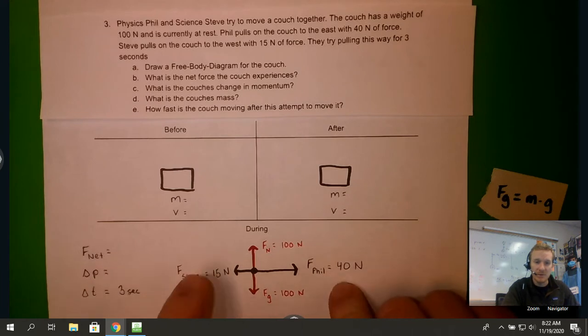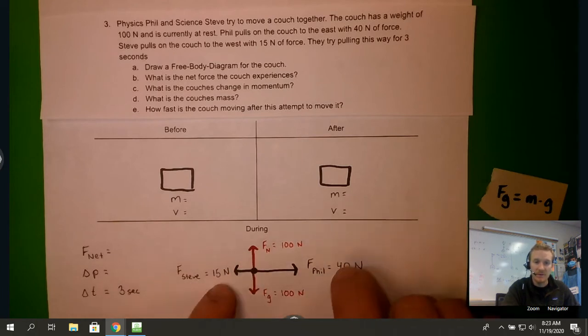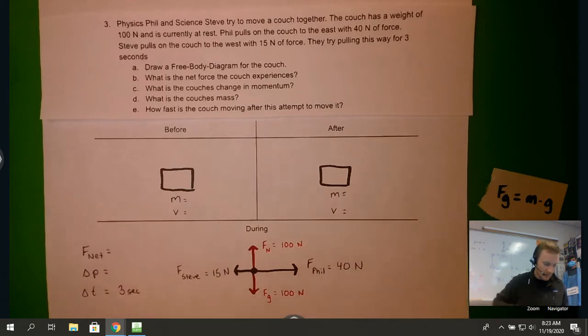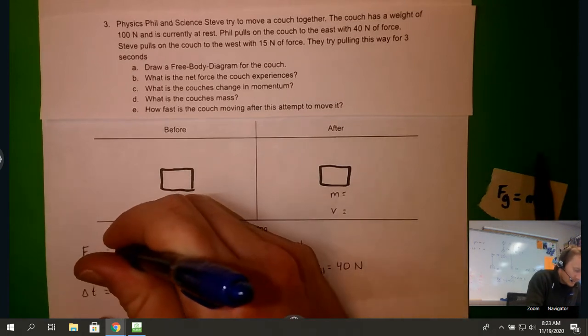So if you have 15 newtons going west and 40 newtons going east, the overall net force is the difference between these two. How much bigger is the east force than the west force? Okay, so if we subtract 40 and 15, we should get a net force of 25.